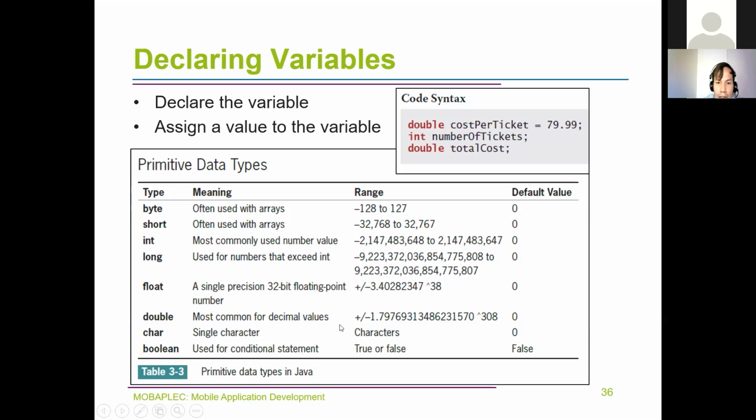So meaning you could add another value associated with that. But here, default is 0. So what we did is we created a value which is 79.99. Then int, when you say int, this is the most commonly used number, meaning a whole number. So we declared number of tickets as int and double as our total cost. In Java, this is the syntax. Okay.